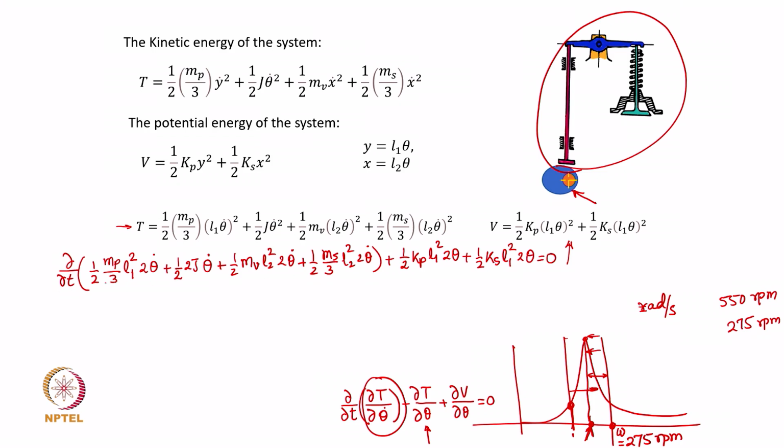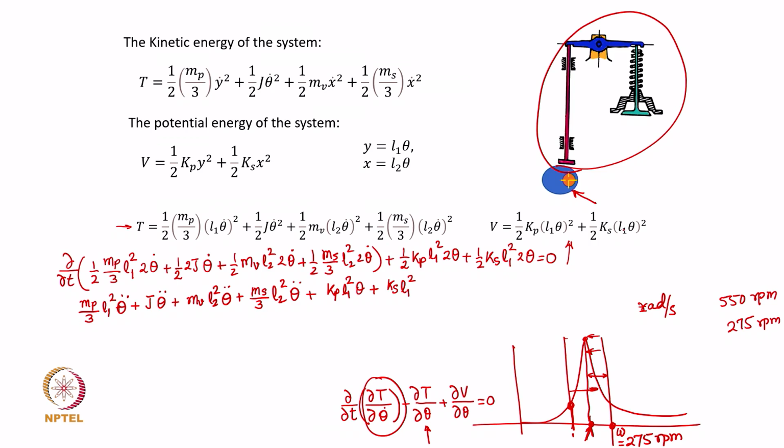And now if I take the time derivative of this expression, then I get mp by 3 L1 square plus, theta dot will change to theta double dot, plus J theta double dot, plus mv L2 square theta double dot plus ms over 3 L2 square theta double dot plus kp L1 square theta plus Ks L1 square.